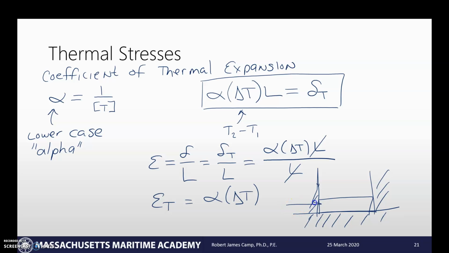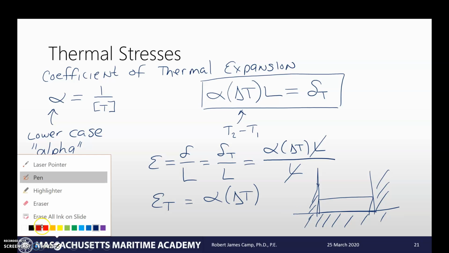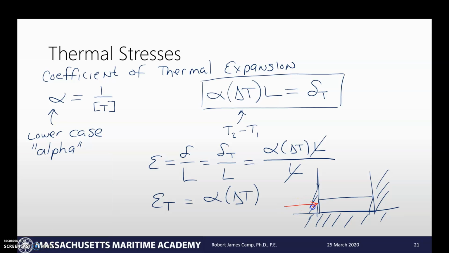And so as it tries to expand, you have reaction forces created. They're going to push back on the other sides. And so now you're going to develop some kind of internal force in there. Now we have an internal force that gives us an internal stress.